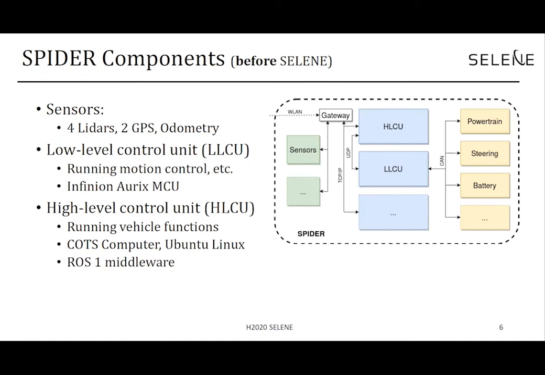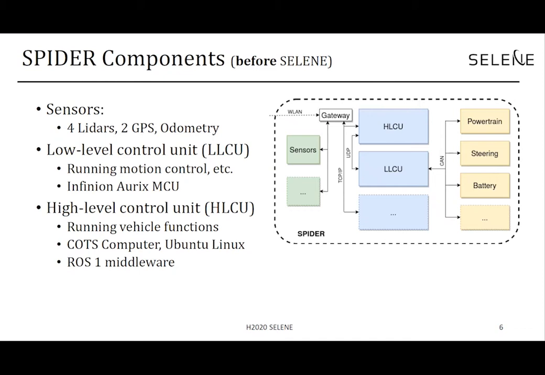To understand what we have done or what we want to show within this use case in the SELENE project, I've sketched this components diagram of the Spider before integrating the SELENE platform. The Spider consists of a bunch of sensors like LiDARs, GPS, odometry sensors and so on, and two control units.